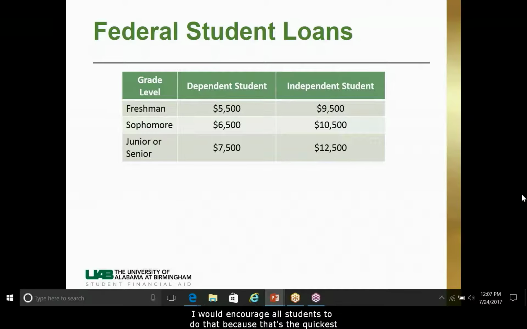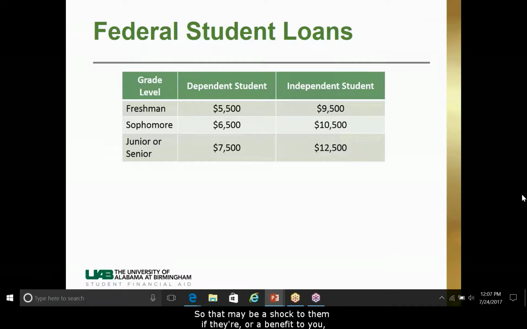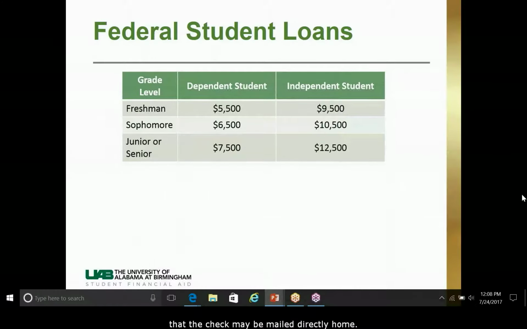I would encourage all students to do that because that's the quickest and easiest way to get their refund. If they have not signed up for direct deposit, then a check will be mailed to the mailing address we have on file for them in BlazerNet. In many cases, especially for our first year students, that mailing address is still the home address. So that may be a shock to them, or a boon to you. The check may be mailed directly home.